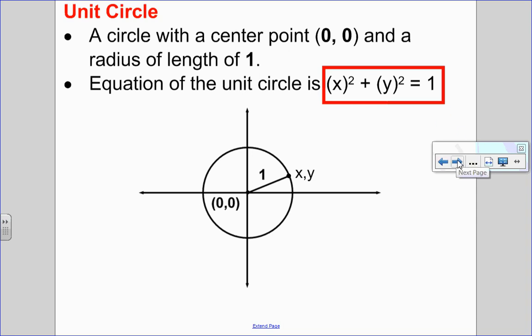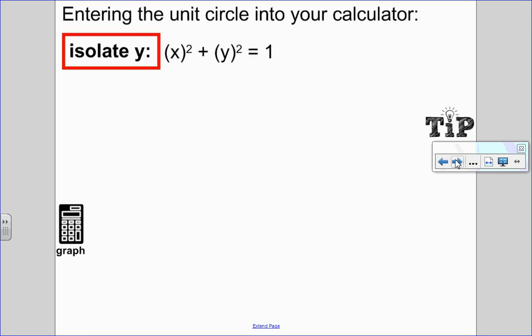So let's work with this equation a little bit, and look at how we can put it into our calculator. On your calculator, the only equations we can put in are y equals equations, so we need to isolate y. I'll do that by subtracting x^2 from both sides, so I get y^2 = 1 - x^2. Then I take the square root of both sides to isolate y.